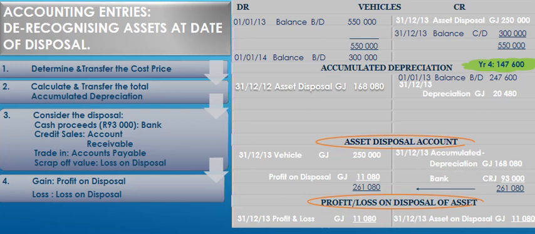We do the same thing also with the accumulated depreciation, but when we look at the accumulated depreciation, it only shows the opening balance in the accumulated depreciation account and the current depreciation on the vehicle that is being disposed of. At the moment, the business also had the vehicles worth 300,000 that were used in 2013.